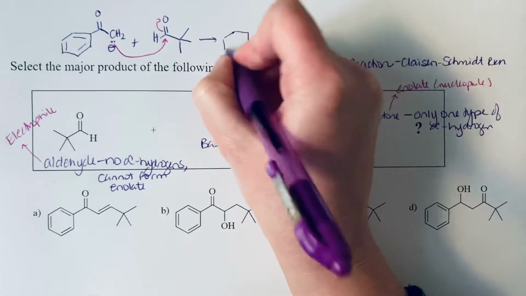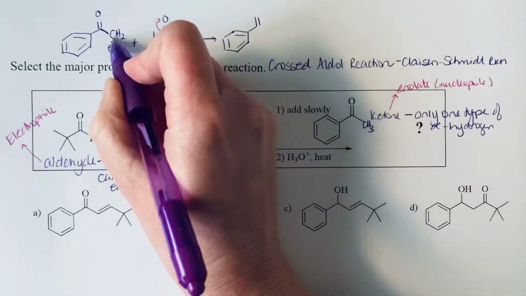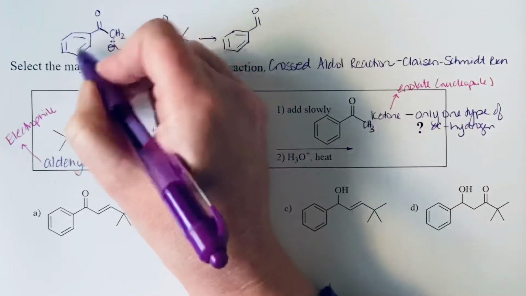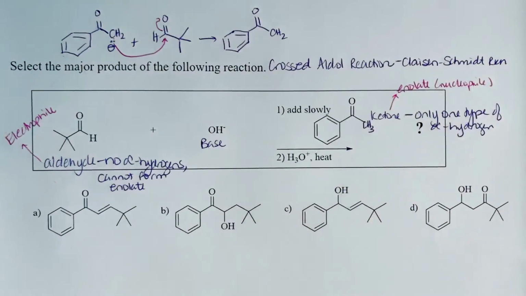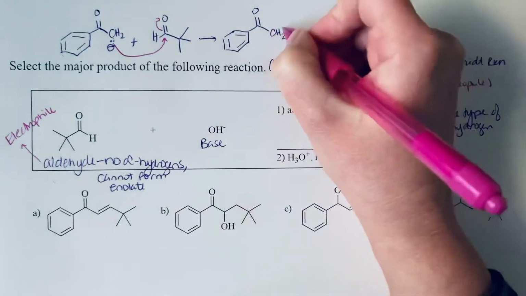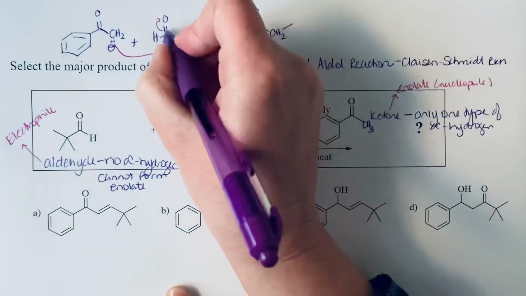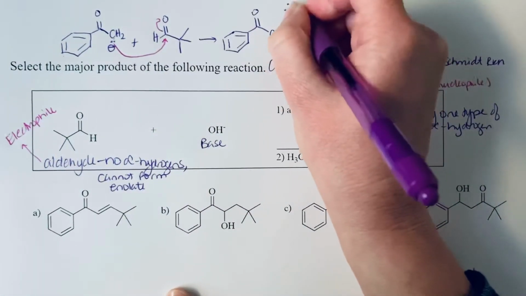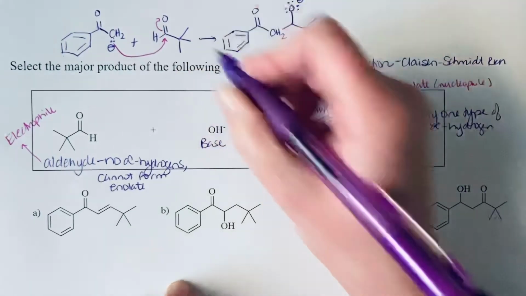And then we will see that we have formed a new bond between this carbon and this one. So here is the benzene ring, your carbonyl, and then you have that CH2 group. And here is your new bond that you formed to this carbonyl carbon. We broke the pi bond, so this now has a negative charge on the oxygen. And then we have the group that was attached to that.